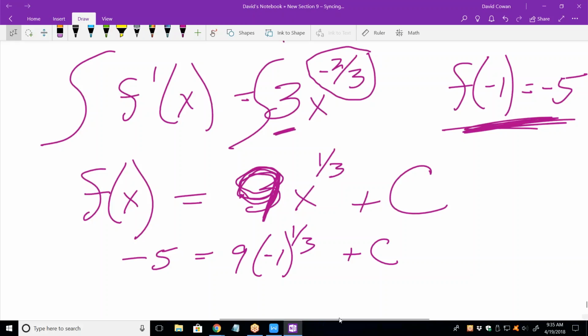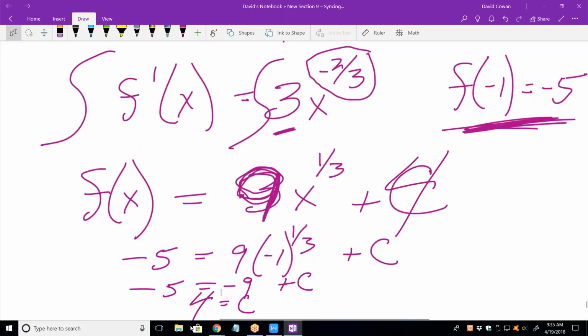Cube root of -8 is -2. Cube root of +8 is +2. Cube roots are different than square roots. Square roots are always plus or minus. Cube roots are not. So it's -1. So it's -5 equals -9 plus c. c equals 4.